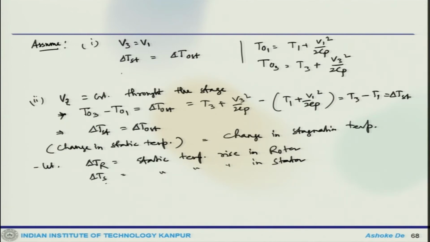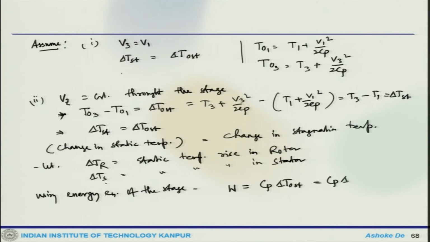Now, we use the energy equation of the stage. W equals Cp delta T static, which is Cp times delta T r plus delta T s.